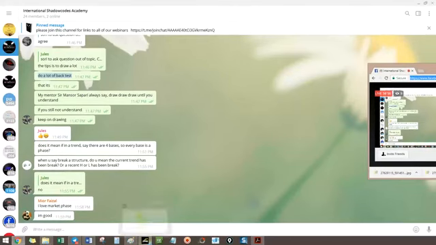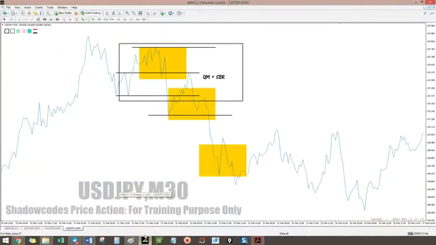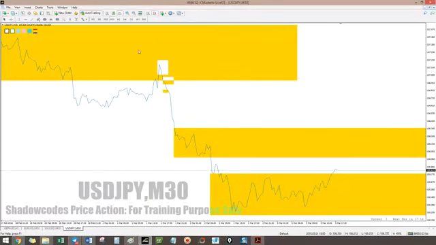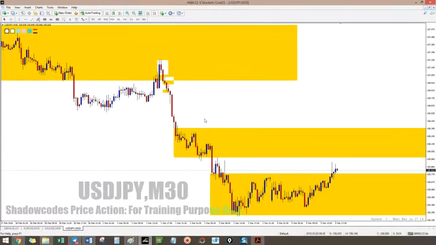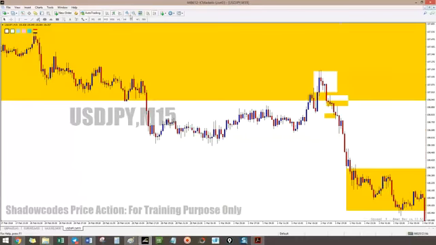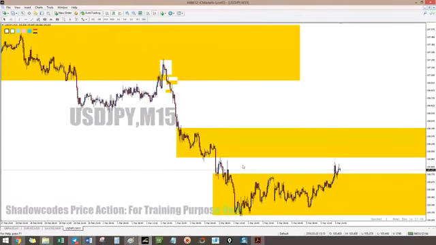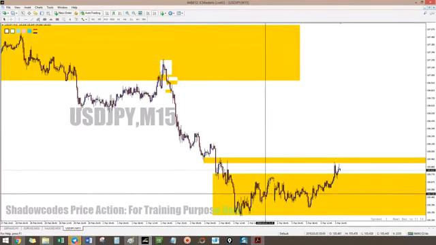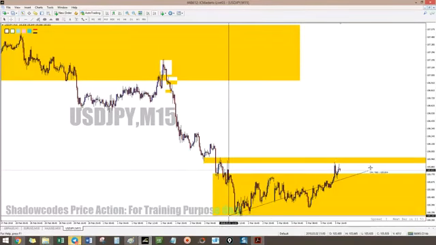How about this Zelco trade at UJ? What's up with Zelco? Oh, it's already going up again. It's only temporary, maybe. M15. Okay, this is a really good trade actually. Over here, it's a really good one. But who knows? This is already a compression.